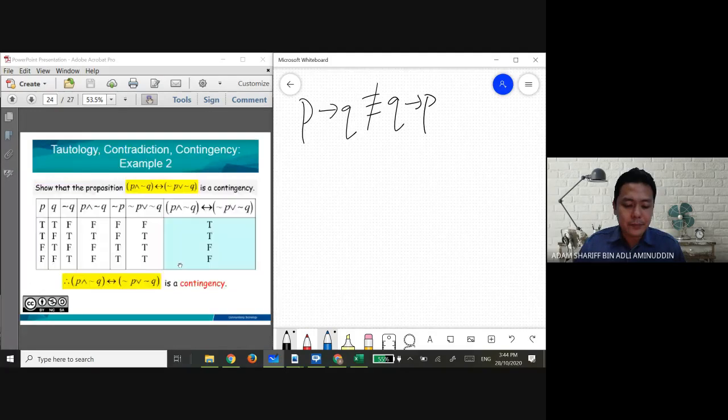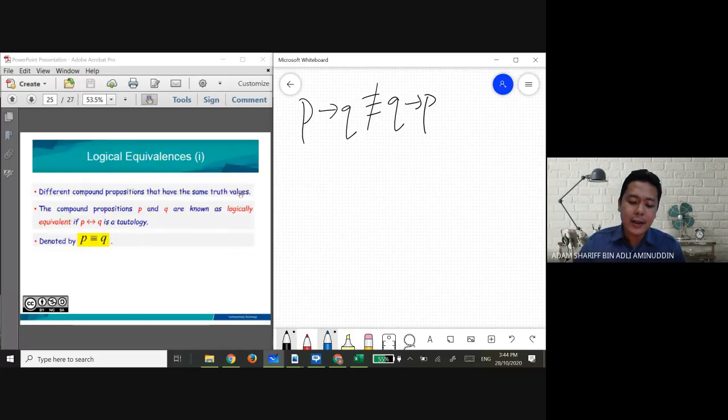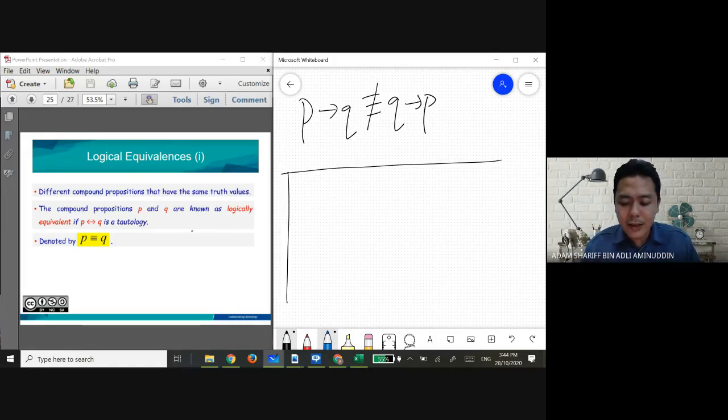Okay. Now, how to show that this is logically equivalent or not? By using this definition. P and Q are logically equivalent if the biconditional between P and Q is a tautology. Now, I want to show what is the meaning of that sentence.